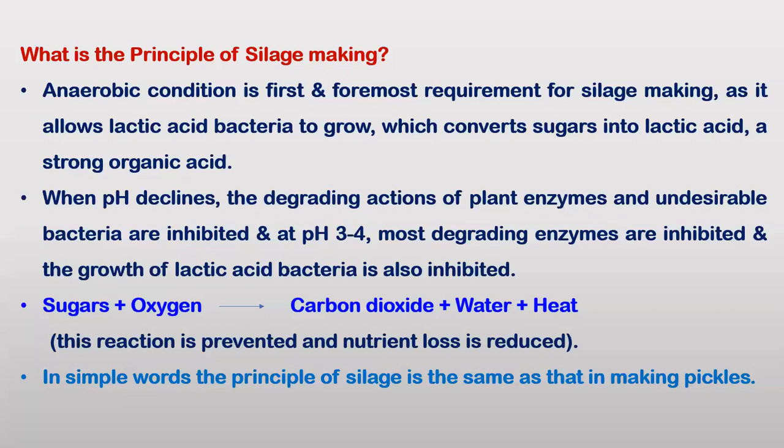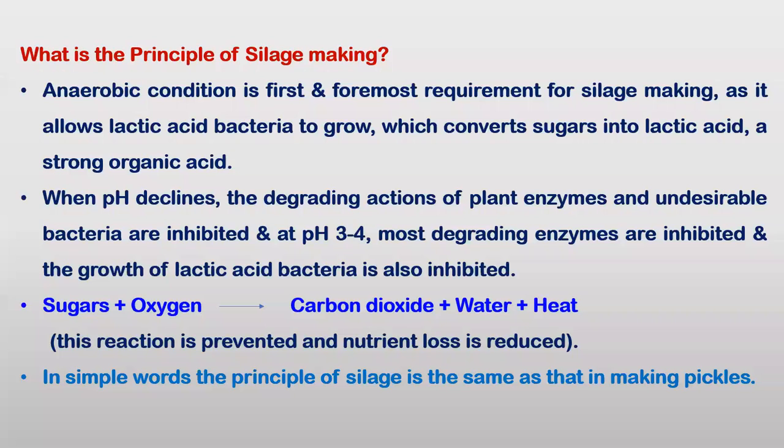Most degrading enzymes are inhibited, and the growth of the lactic acid bacteria is also inhibited at a certain pH. So this is good for good quality silage. And what happens? Sugar plus oxygen is converted into carbon dioxide, water and heat.